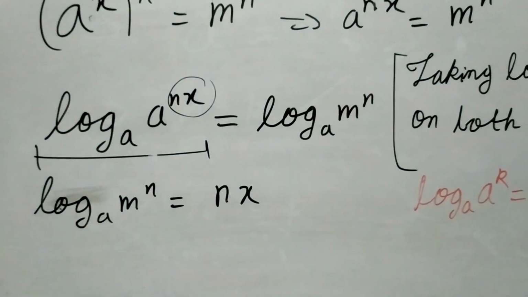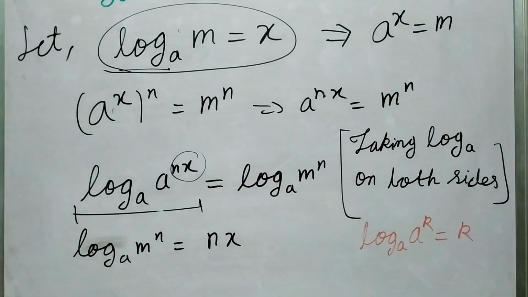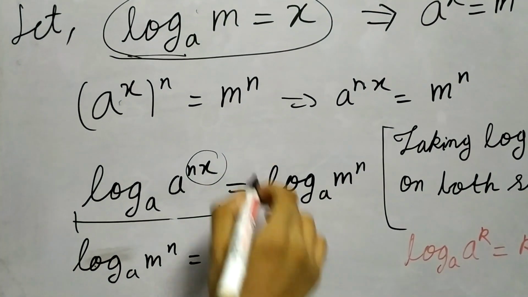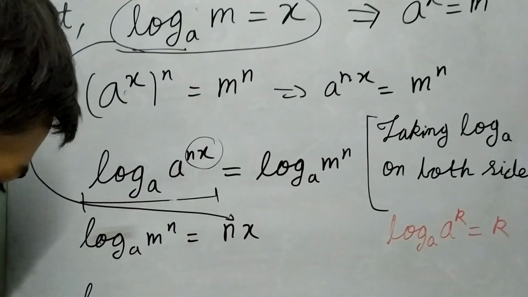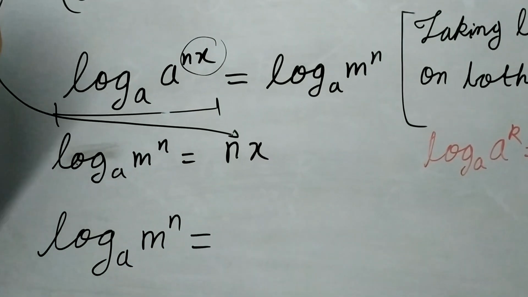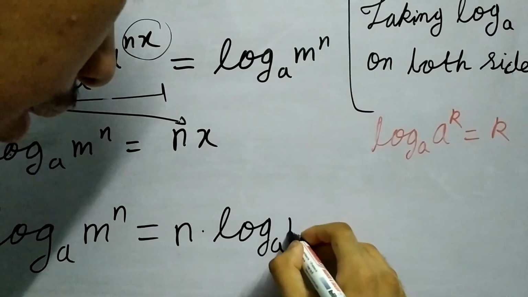But what is x? x is this stuff right over here. That's how we chose our x. So we just put this value of x right over here, and we can say log base a of m to the n is nothing but n times log base a of m.